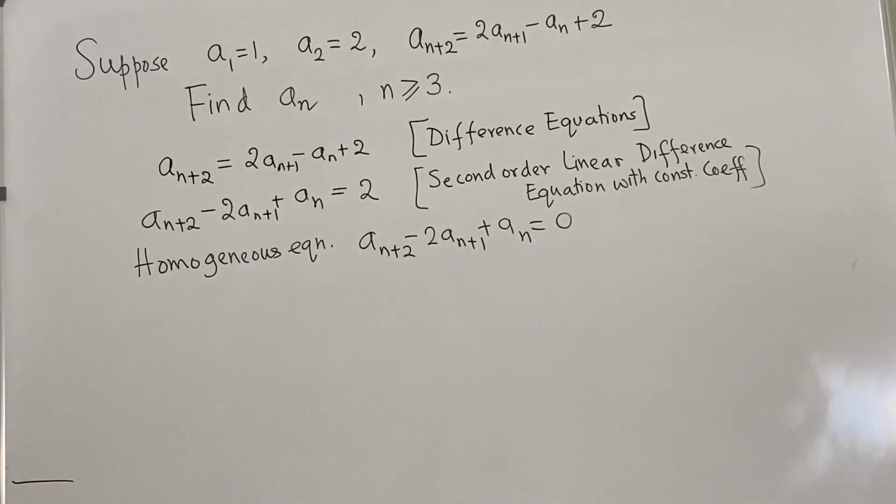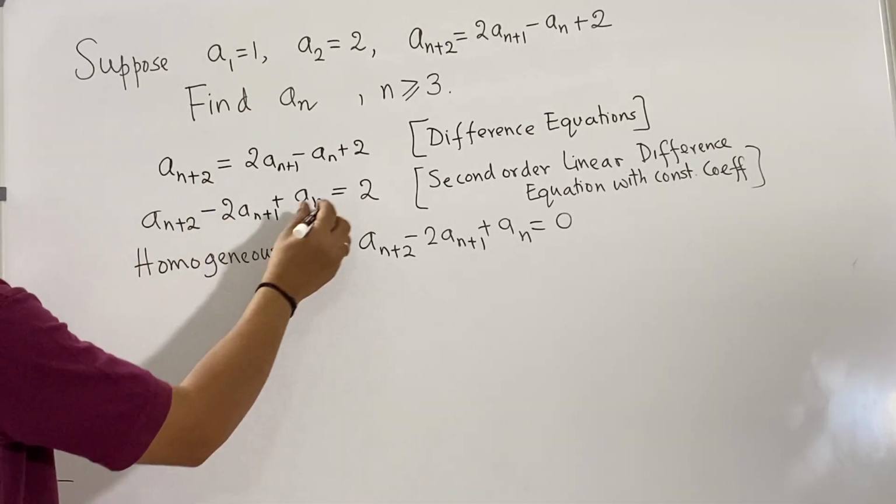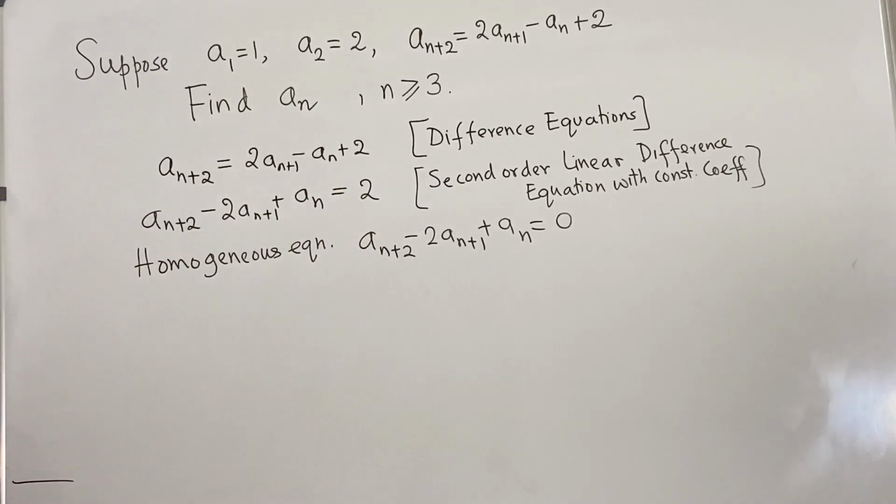There has been a lot of work done on such equations, and we know some very interesting facts. Since the right hand side is equal to 2, such equations are called non-homogeneous second order linear difference equations with constant coefficients.